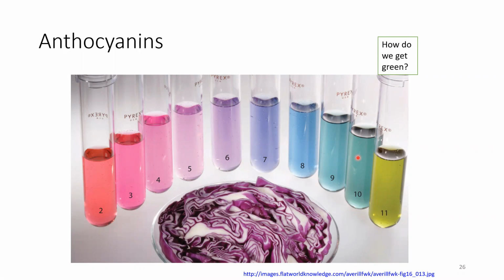It's probably other phenolic compounds. But that's exactly right. So it's just other colors. The anthocyanins aren't turning green. It's just other colors are showing up. So in this case, the anthocyanins are actually losing their color.